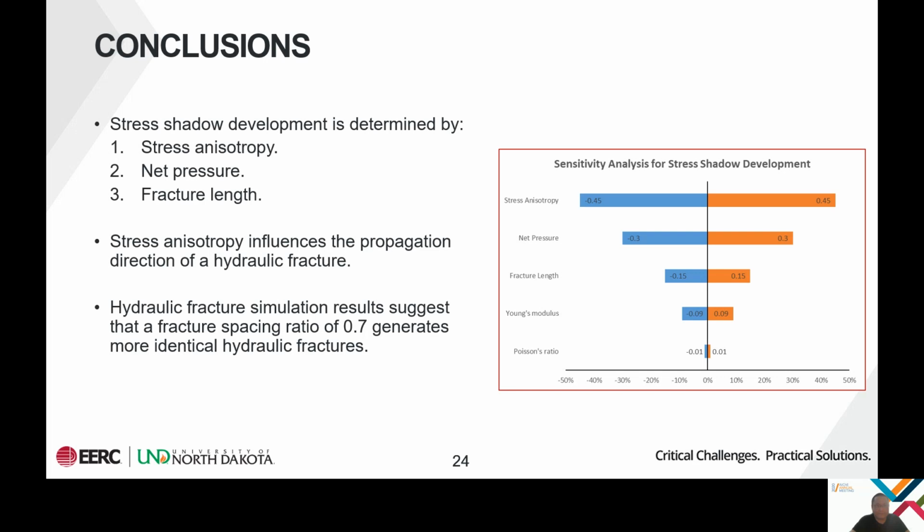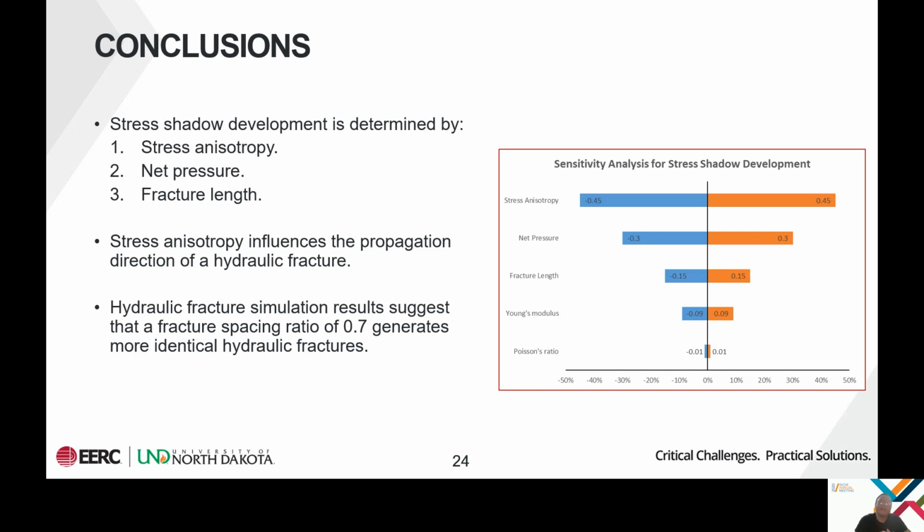So what are the conclusions we have? The stress shadow development is determined by the stress anisotropy, net pressure, and also fracture length. I just listed the top 3 compared to other investigated parameters. And also we understand that the stress anisotropy influences not only the propagation length, but also the propagation direction of the hydraulic fracture, because as you can see, when you have a low anisotropy, it reorients.